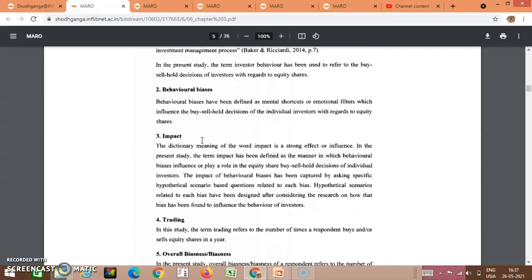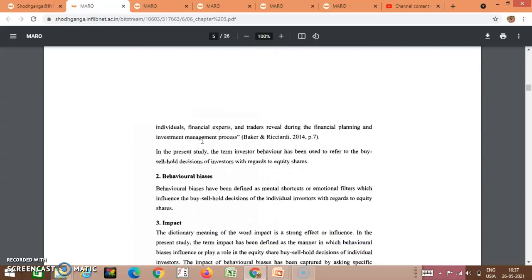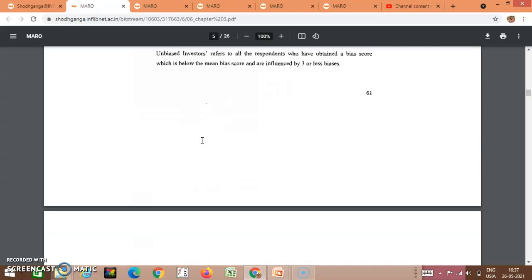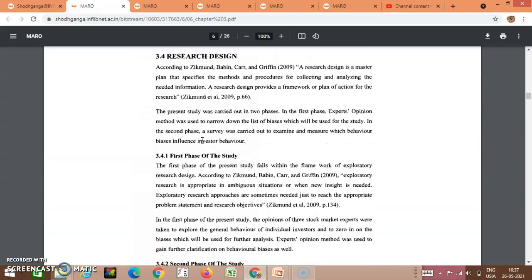So again the main definitions and all. Then the research design. We have already gone through the various research designs. He says that in this particular research he is following a two-phase design. The first phase is the expert opinion method, to list down the biases.